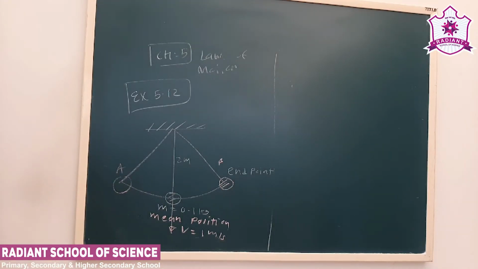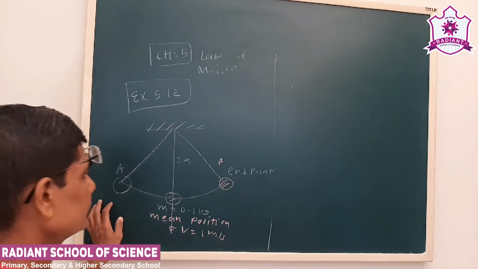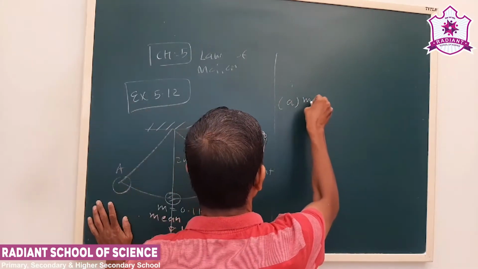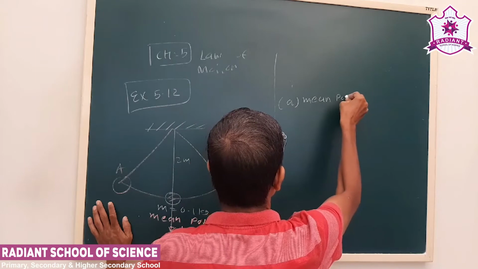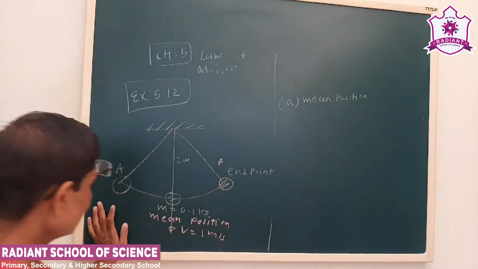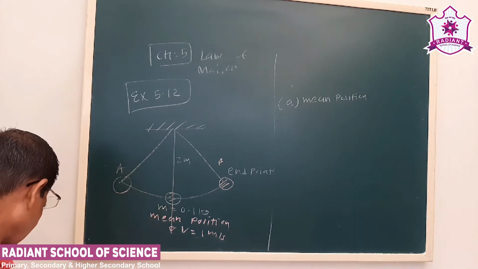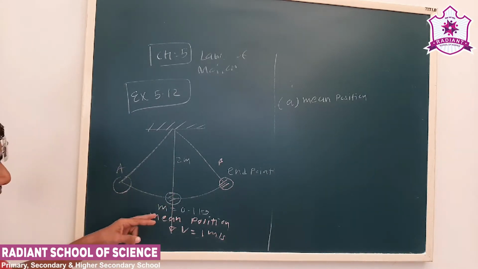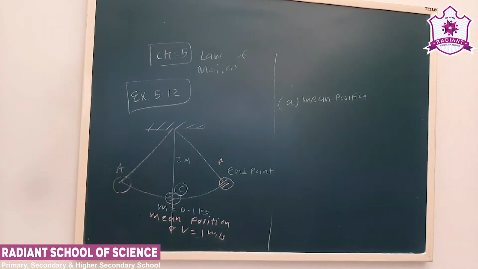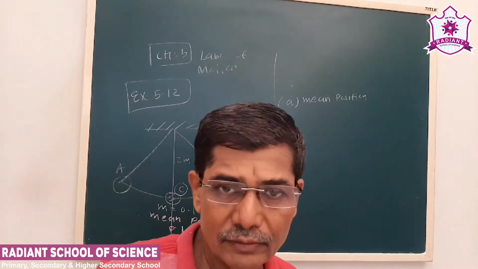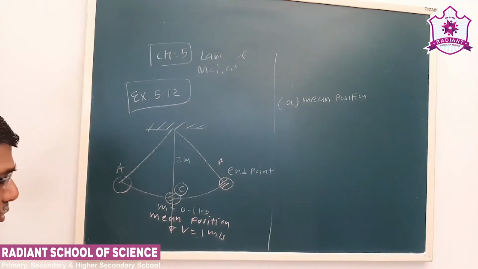Now see, first case: when the string is here at the mean position, the sphere is at the mean position, and we cut the string like this. We have to find out what type of motion it will perform.